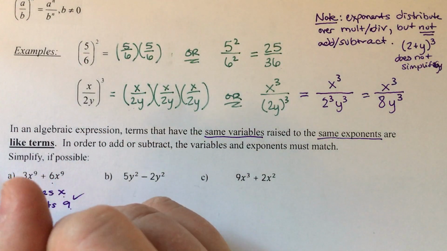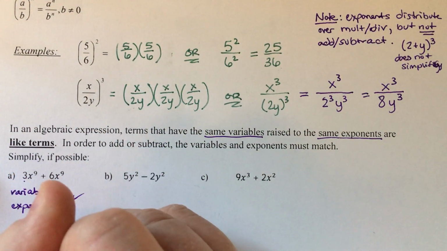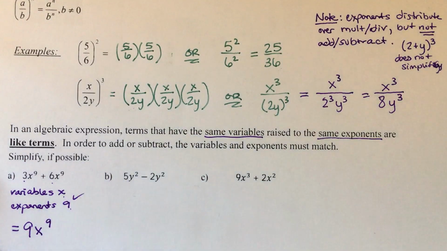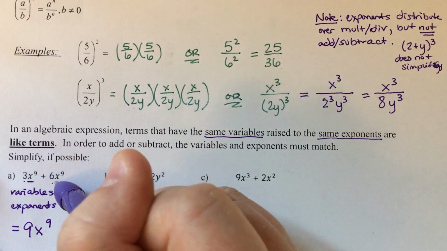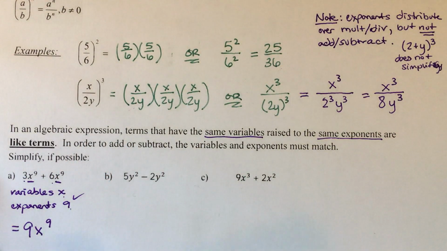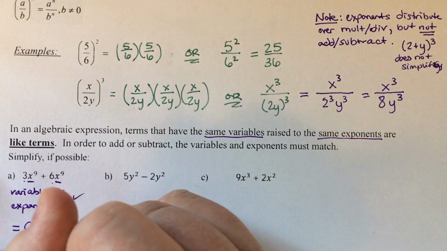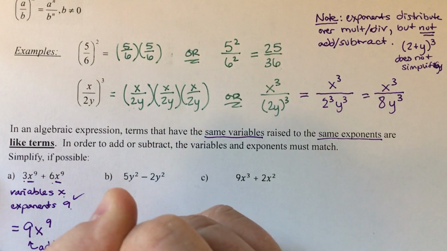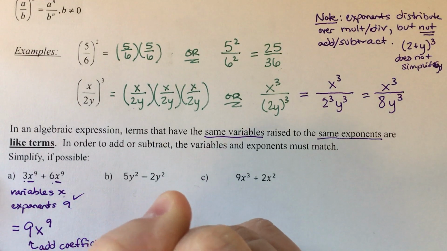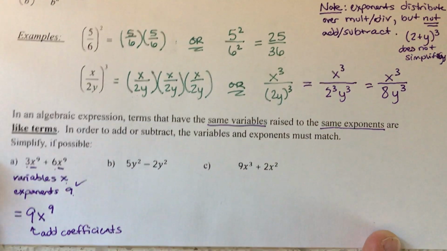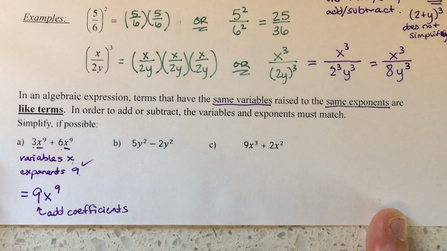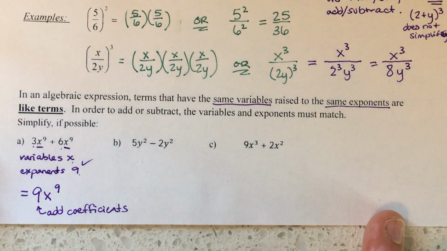So after we verify that they're like terms, we just add the coefficients. 3x to the 9th plus 6x to the 9th makes 9x to the 9th.